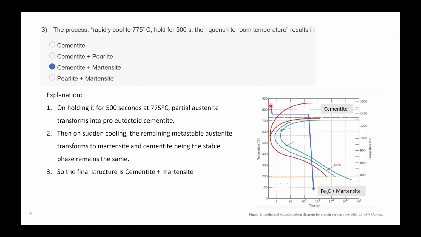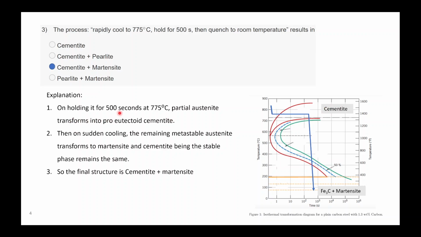Firstly you are cooling rapidly to 775 degrees Celsius, then holding for 500 seconds. This isothermal transformation will lead to the formation of proeutectoid cementite.